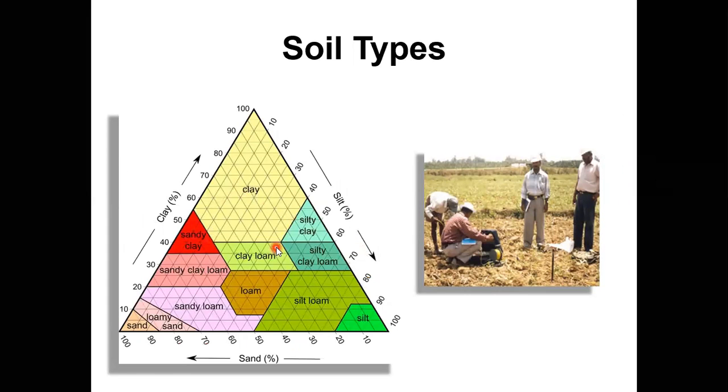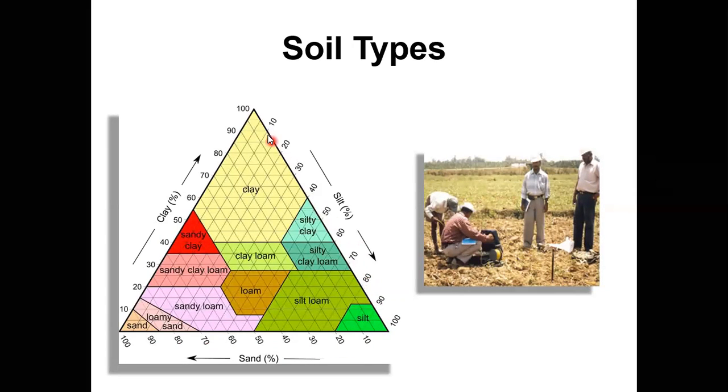From this chart, you can see that along this direction is my sand percentage, in this direction there is the clay percentage, and here it is the silt percentage. If it is 100% sand, it is called sand. If it is somewhere around 70 to 90, then it is called loamy sand, and if it is towards sand percentage, then sandy loam or silt loam. If it is 100% silt, we call it silt.